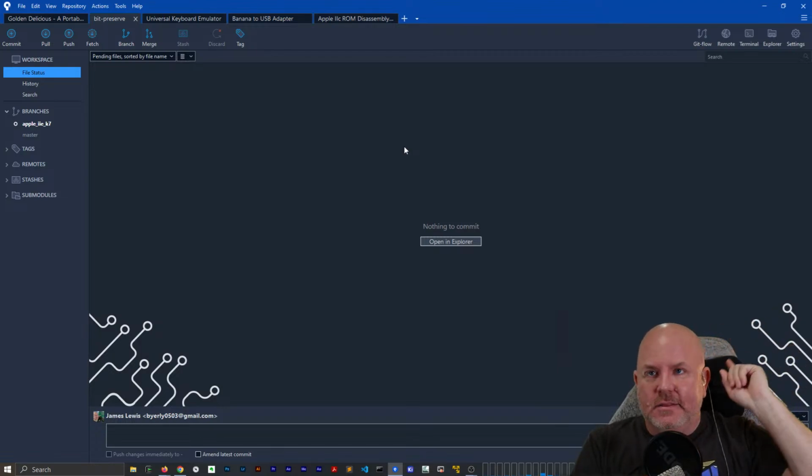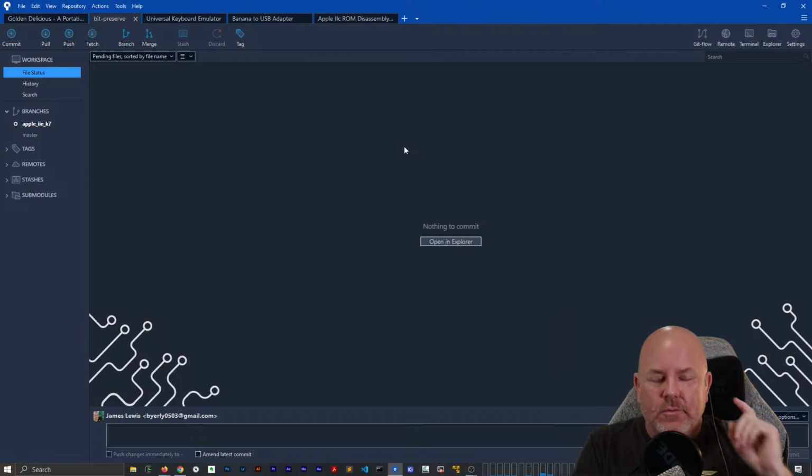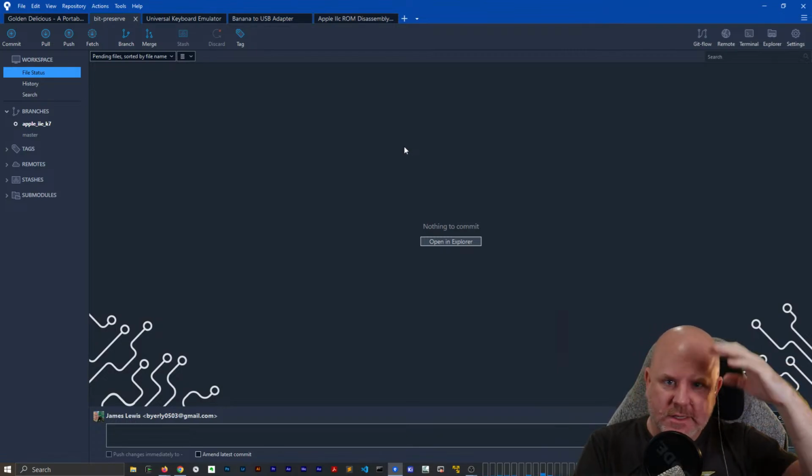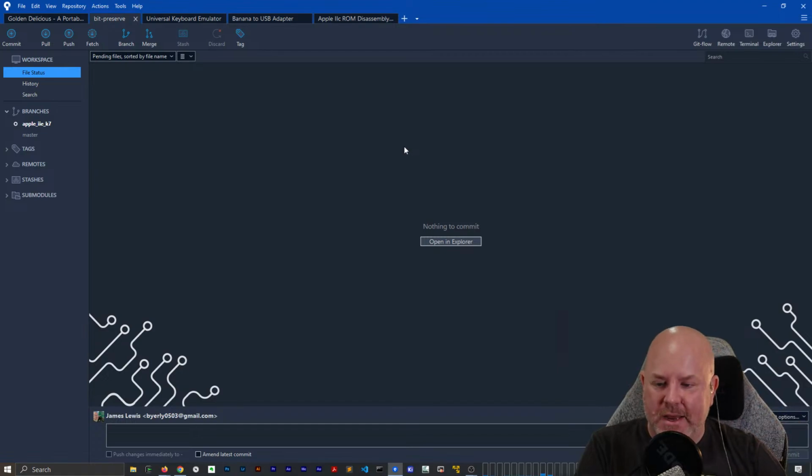I want to get them updated, and then I want to come up with a script that will package PDF versions of the schematics, so that I can have a release that you download that's just a PDF of all of the schematics available. Because the repository is getting pretty darn big, and if all you want is one schematic, it's really big.